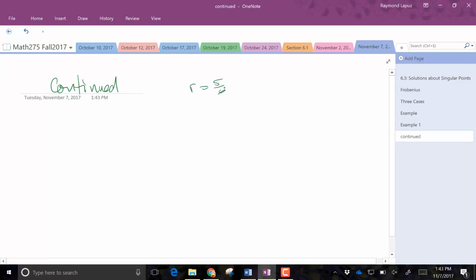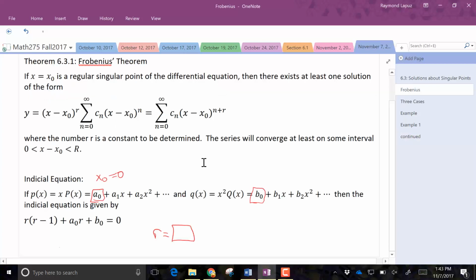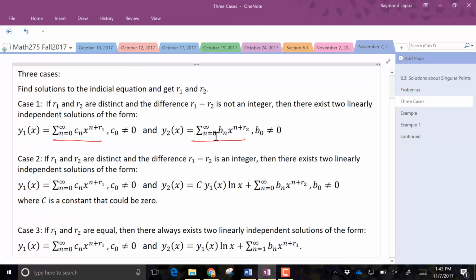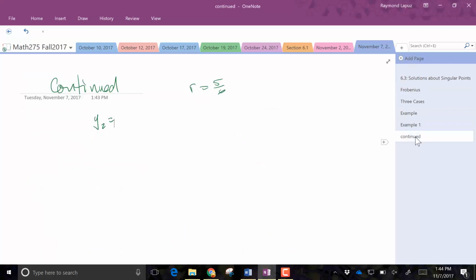And according to Frobenius, our second solution should look like this. y2 is going to equal the series of b sub n x to the n plus r, and b sub 0 is not equal to 0. So let's see what we can do with that.